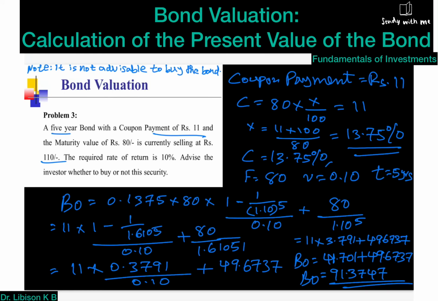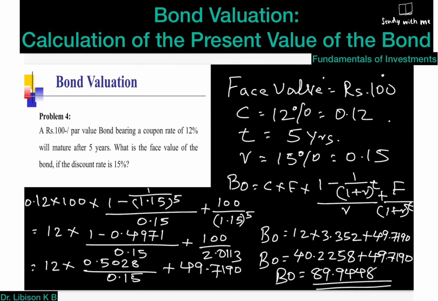Okay, so let us move to the fourth problem. Problem number 4, a rupees 100 par value bond bearing a coupon rate of 12% will mature after 5 years. What is the value of the bond if the discount rate is 15%?